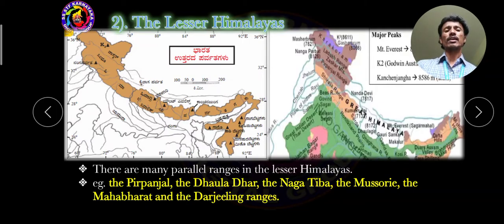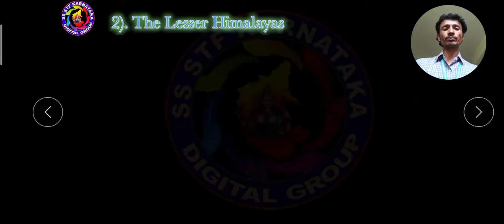The first one is Pirpinjal, second is Dhauladhar, third is Nagtibba, fourth is Mussoorie, and fifth is Mahabharat and Darjeeling. These are very important ranges we find in the Lesser Himalayas.